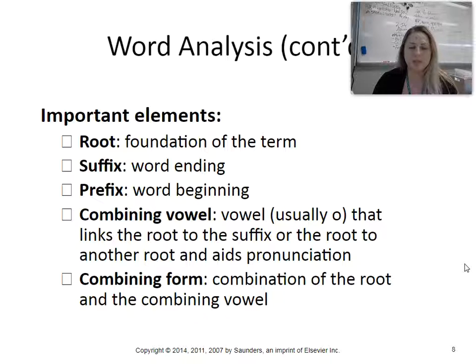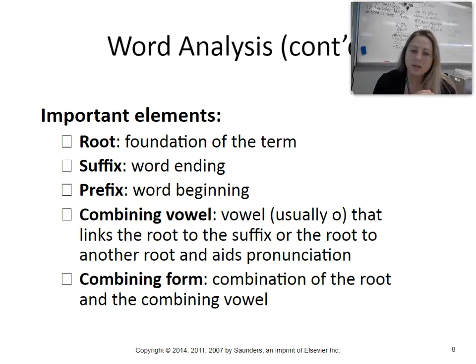Okay, so this puts into words what I just said. Root is the basis of the term. What are you talking about? It's the subject. The suffix is at the end. Prefix is at the beginning of the word. Your combining vowel is usually O. Sometimes it can be an I, but generally you're going to see an O. That's what's going to link your root word to your suffix.